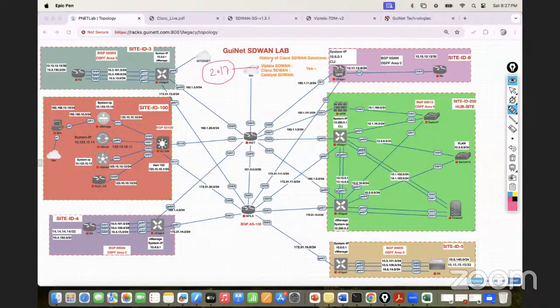Till now, the boxes Cisco sells for Viptela are still known as the vEdge router, vManage, vBond, and vSmart. And it kept selling up to last year, 2023, with the same name, Viptela.